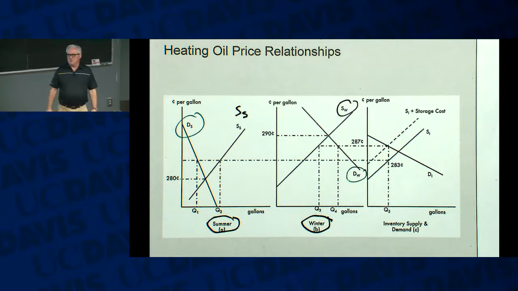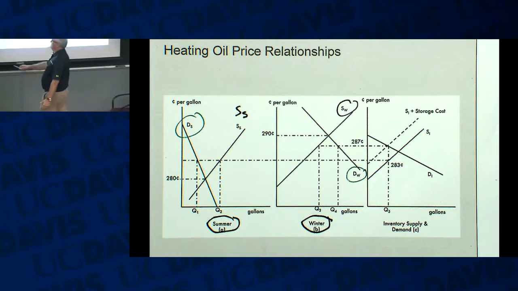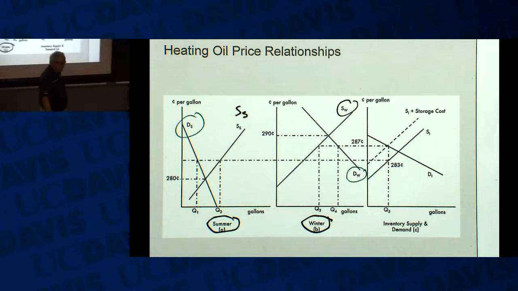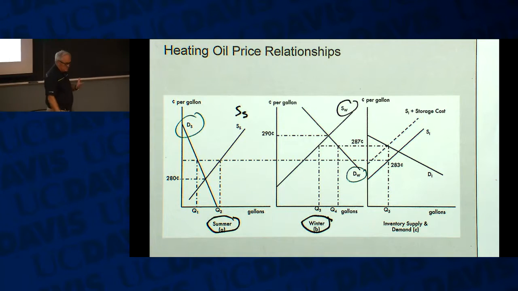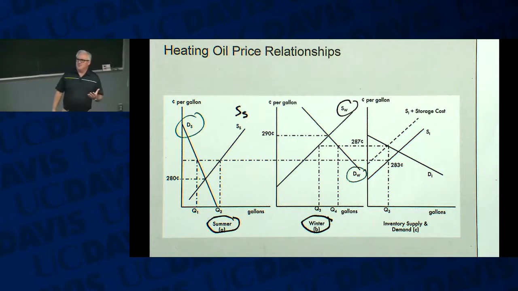So if there was no storage of heating oil, the price in the summer would be relatively low. We'd find an equilibrium in this market at $2.80. And the price in the winter would be high because demand is high. It's just like in the wheat market before we developed futures contracts.